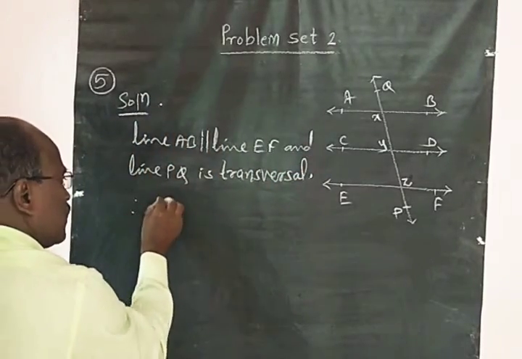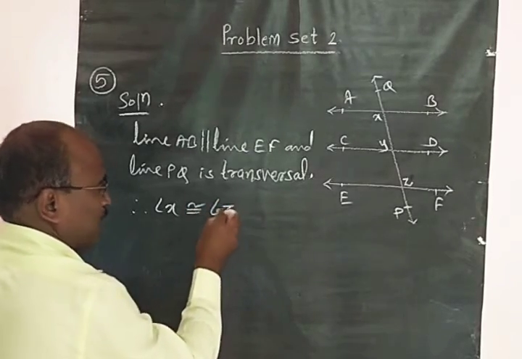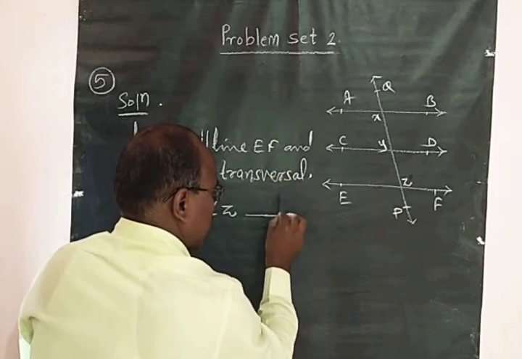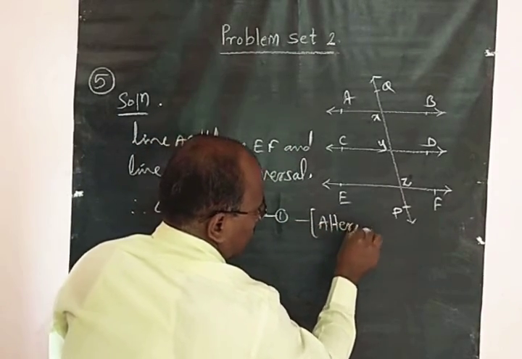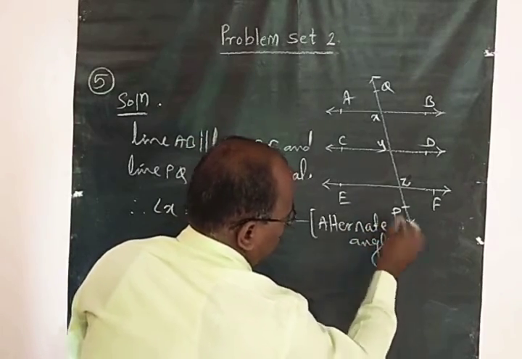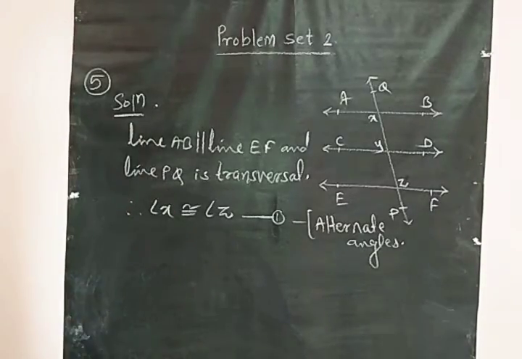Therefore angle X is congruent to angle Z. This is statement 1 and the reason is alternate angles.